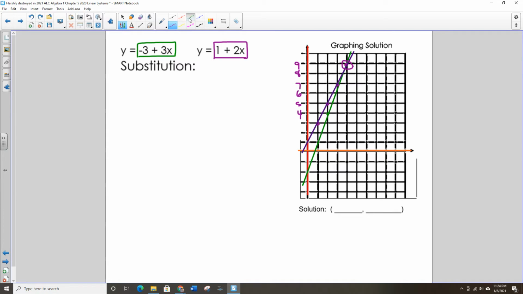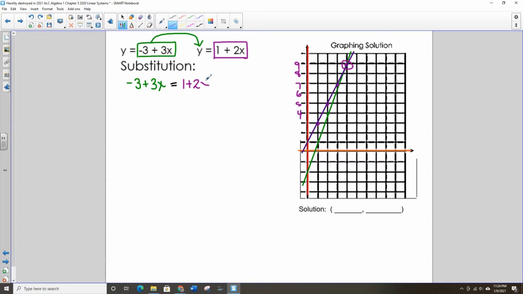So the way that the math works is that you've got your y equals negative 3 plus 3x, and what you do is you substitute that in for this y right here. Since they both equal y, this little math magic trick makes it so when I rewrite negative 3 plus 3x equals 1 plus 2x, the y is magically gone.